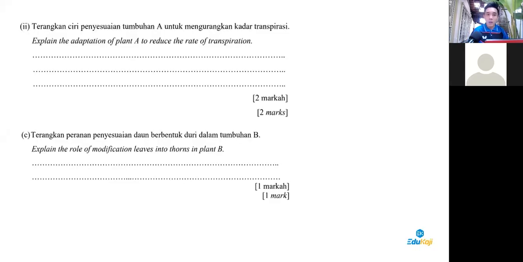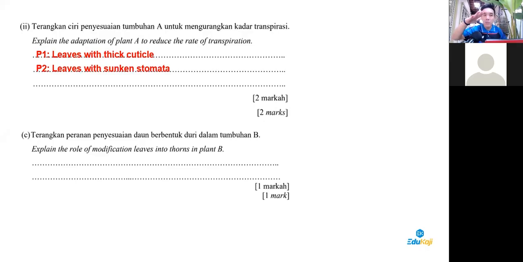And guys, common sense, the moment it's to do with chapter 7, they will ask you the adaptations of how halophyte can reduce rate of transpiration. The two typical points we always use is that leaves have thick cuticles and also sunken stomata.